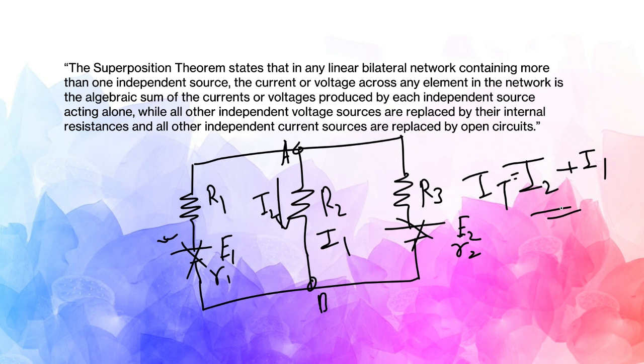Now let us take an example. Let us take values of R1, R2, R3 so that we can calculate. For simplicity of calculation, let us consider 10 ohm for the resistances.